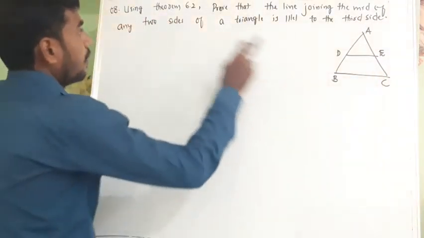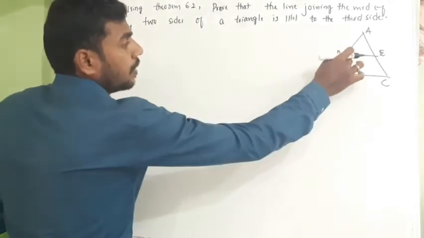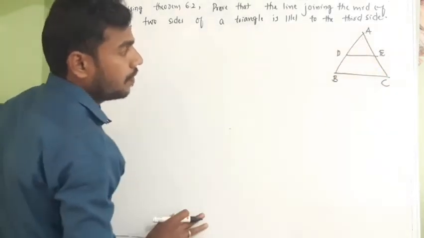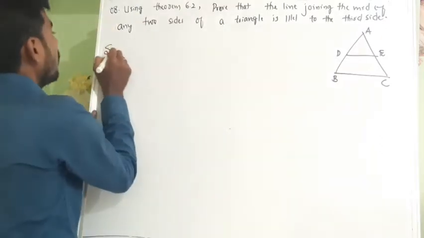So these are the points. What they are telling: prove that the line joining the midpoints of any two sides. So D and E are the midpoints of AB and AC respectively of triangle ABC. So what are we going to write?